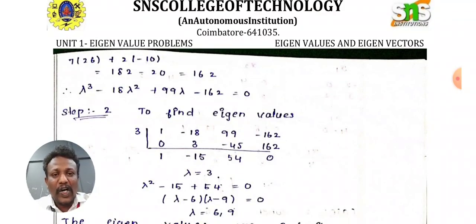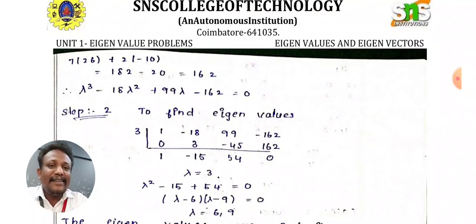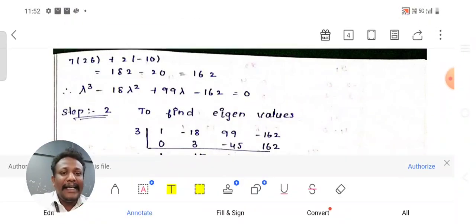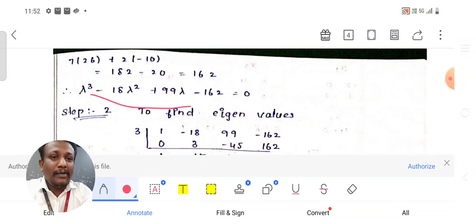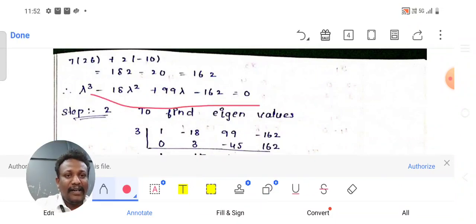Now substitute d1, d2 and d3 in the general formula of the characteristic equation. Then our characteristic equation is lambda cube minus 18 lambda square plus 99 lambda minus 162 is equal to 0.